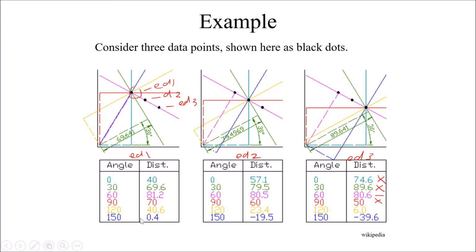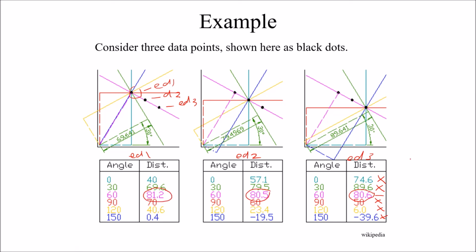And then for 120 degrees, 40.6, 23, 6.0, so it's quite clearly seen that this is not the right magnitude, not consistent. And then finally for 150 degrees, 0.4, negative 19.5, negative 36.39.6. So the most consistent magnitude is based on the 60 degree angle.